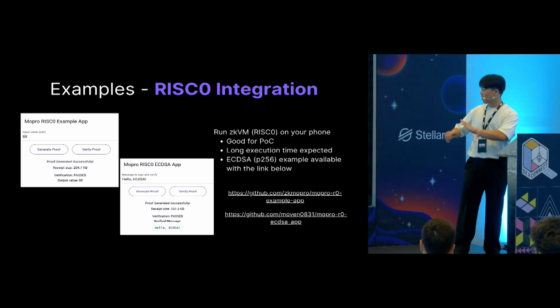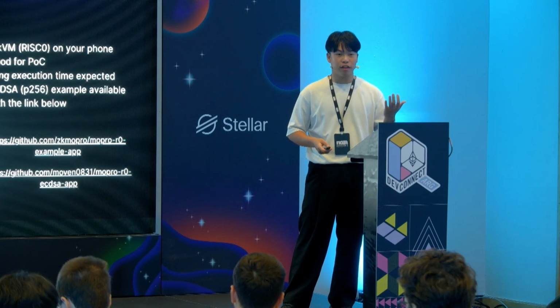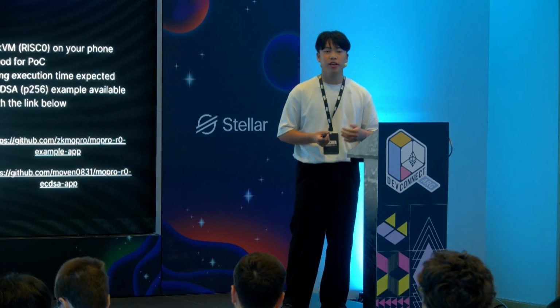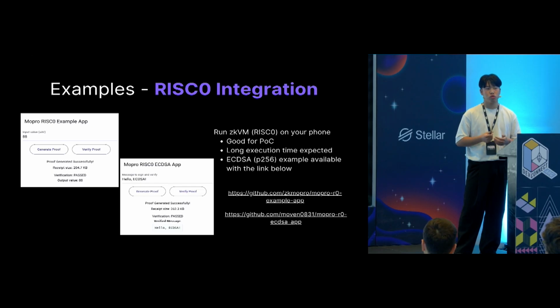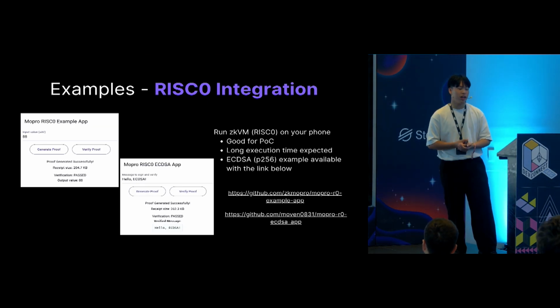Things like that are possible on mobile, and I think it will be the first step of running a zkVM on mobile, and this direction will greatly improve the developer experience on mobile when they are trying to build a ZK app.